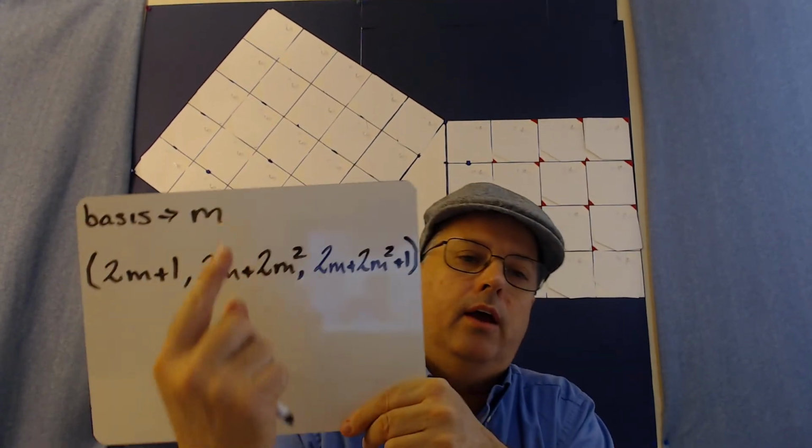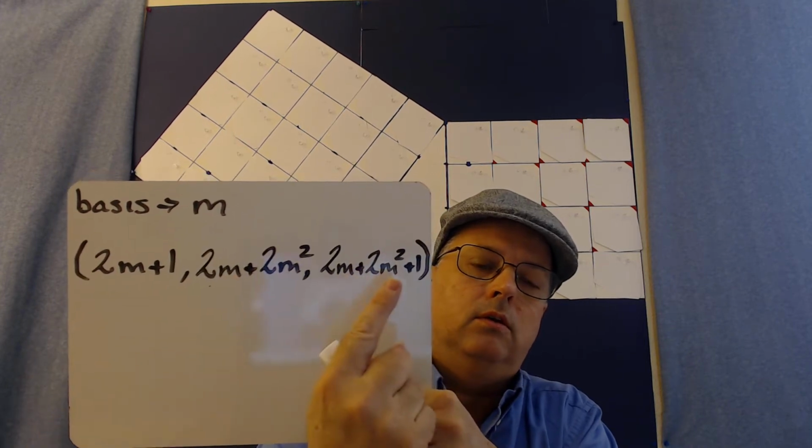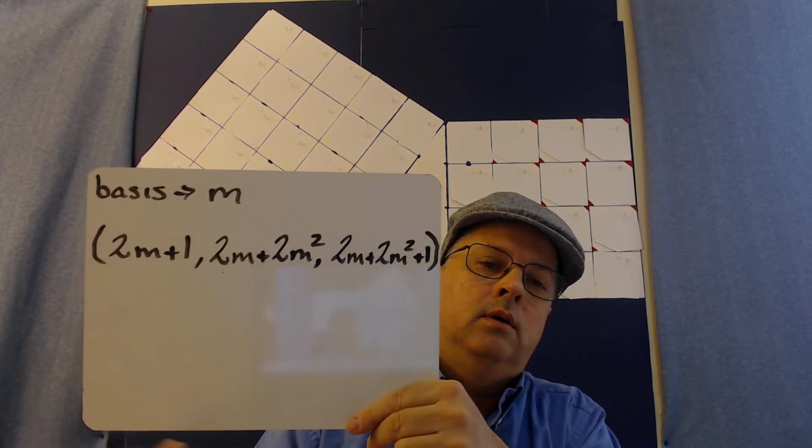Okay, and so with this basis of m and this formula, we can generate Pythagorean triples, A, B, and C, that fit the Pythagorean theorem, a squared plus b squared equals c squared.